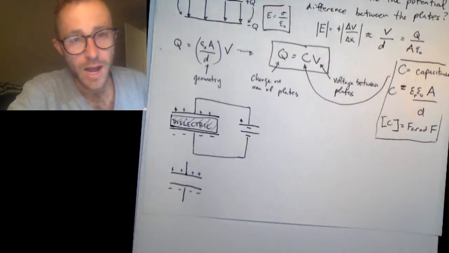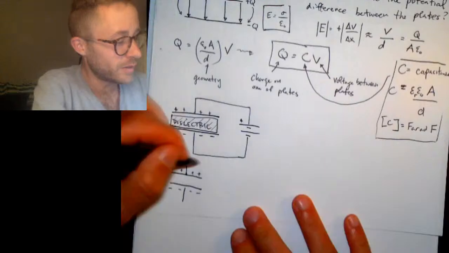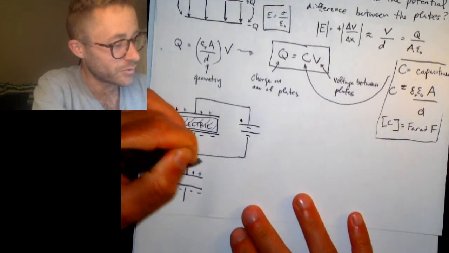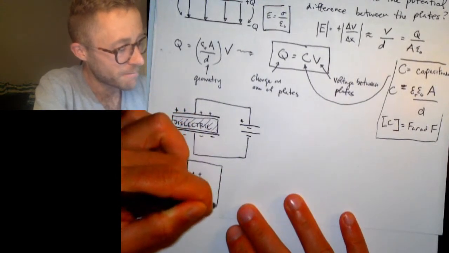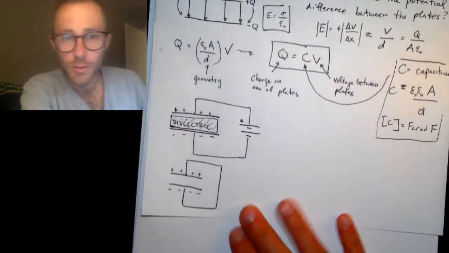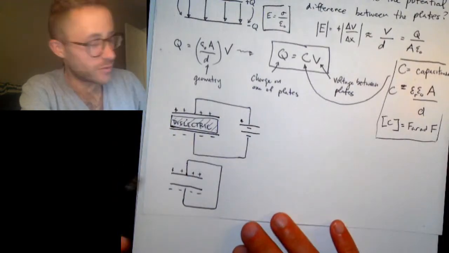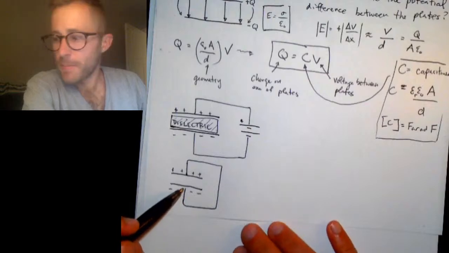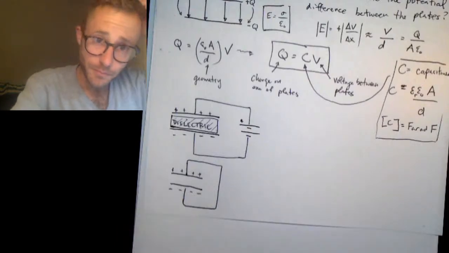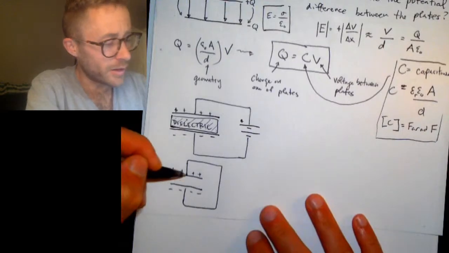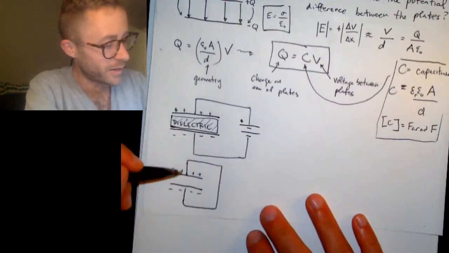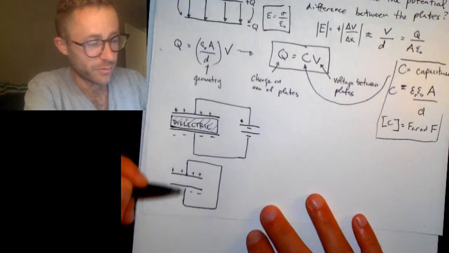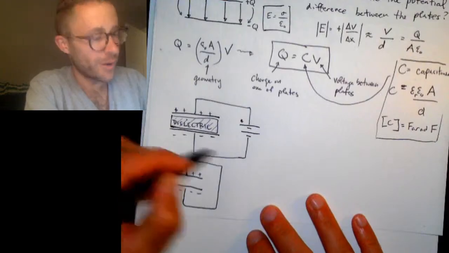Because what happens if you then connect the terminals of the capacitor with no battery? Well, the charge can't go directly from one side to the other, but now it can go around.